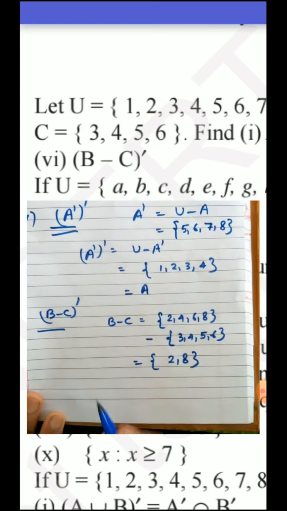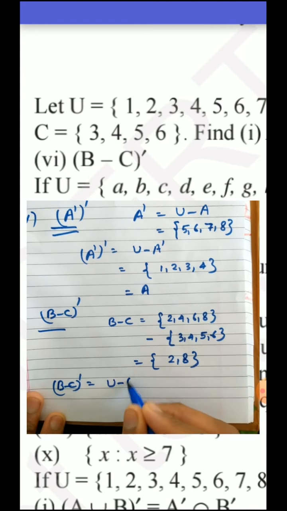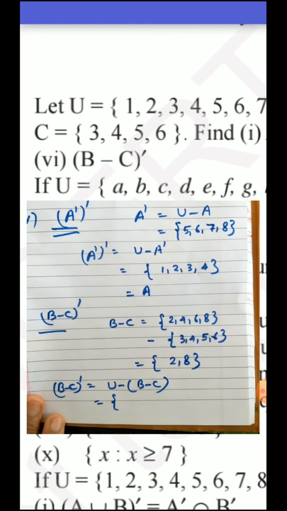Now the complement of B minus C equals universal set minus (B minus C). You will subtract B minus C from the universal set U. Means B minus C, 2, comma 8, you will ignore.